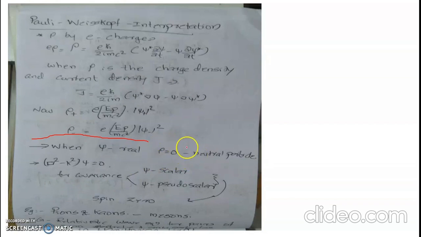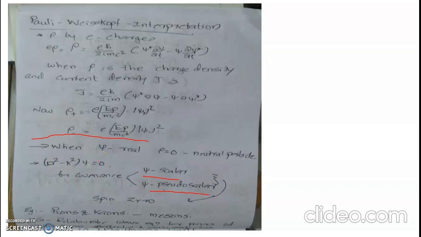Then it is an assembly of neutral particles, or a set of neutral particles, that satisfies the Klein-Gordon equation. Now, for the equation to be covariant, ψ can have two different choices. ψ can be a scalar or it can be a pseudo-scalar. If ψ is a vector, there is a chance that this is non-invariant under Lorentz transformation.